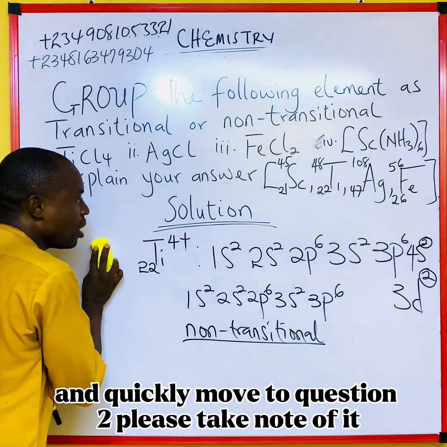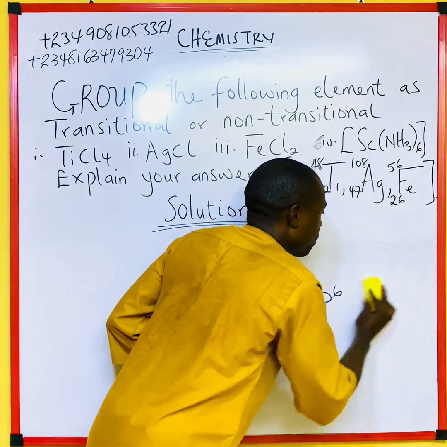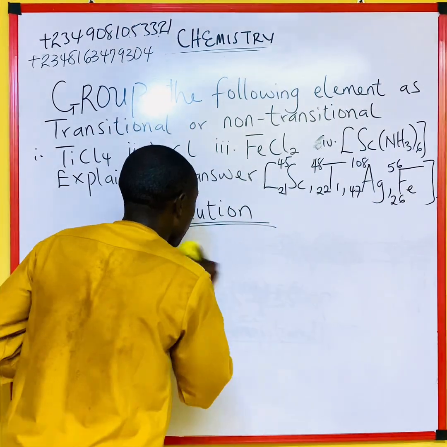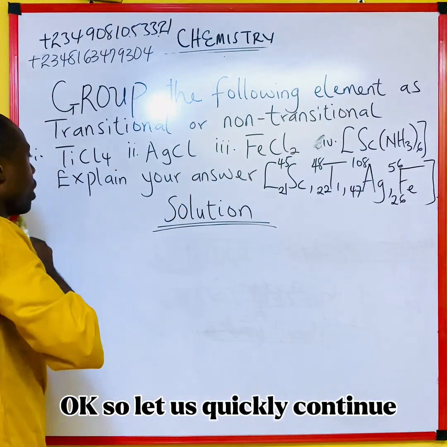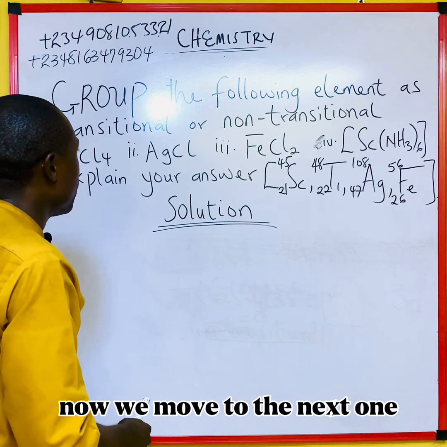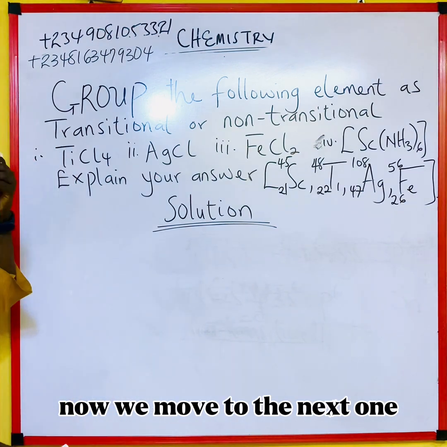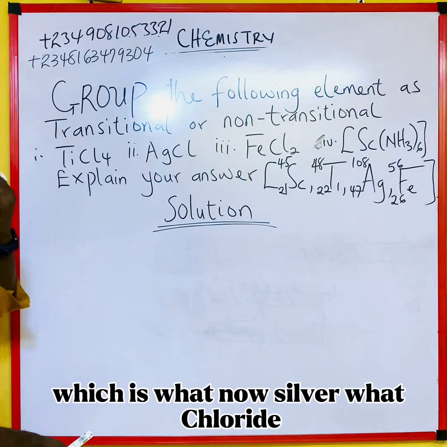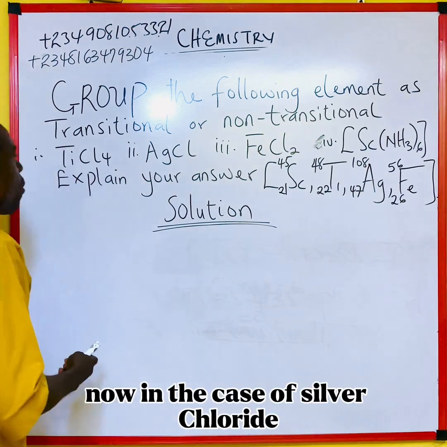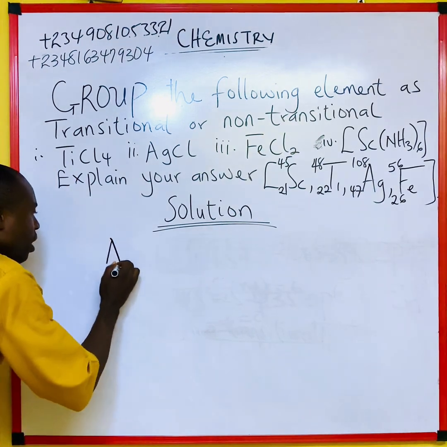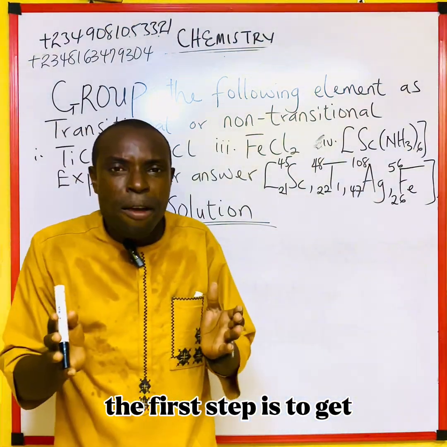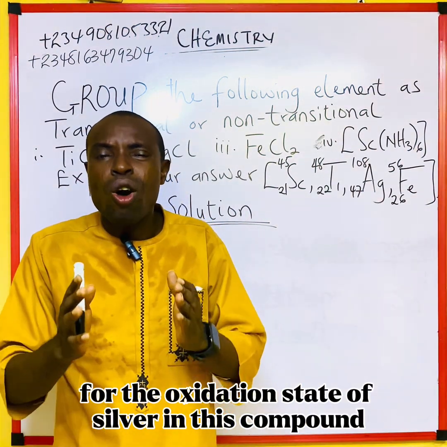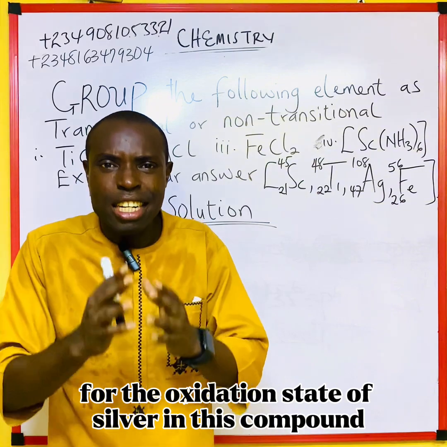Please take note of it. Okay, so let us quickly continue. Now we'll move to the next one, which is what now? Silver chloride. Now in the case of silver chloride, of course the first step is to get the oxidation state of silver in this compound.